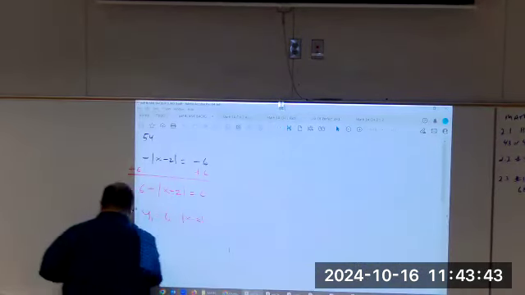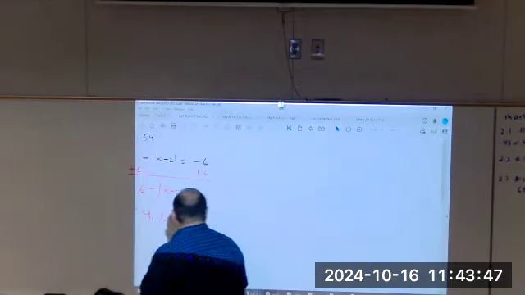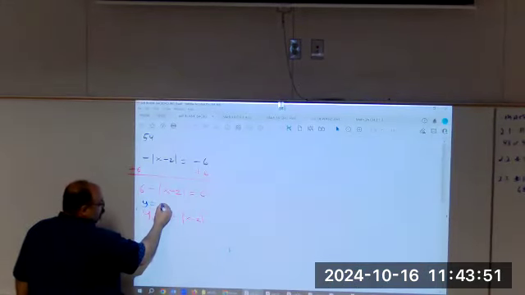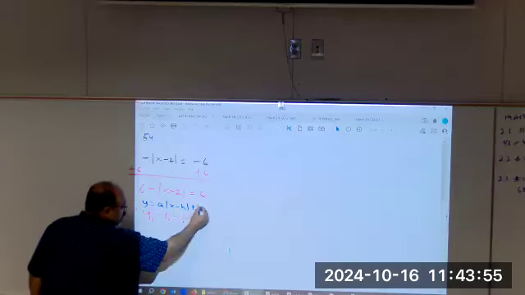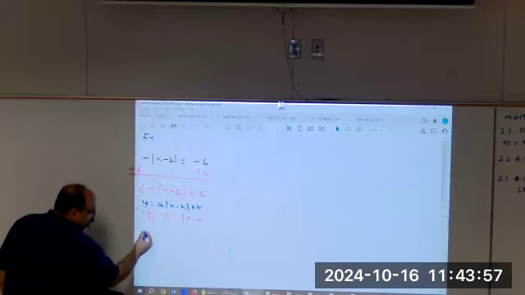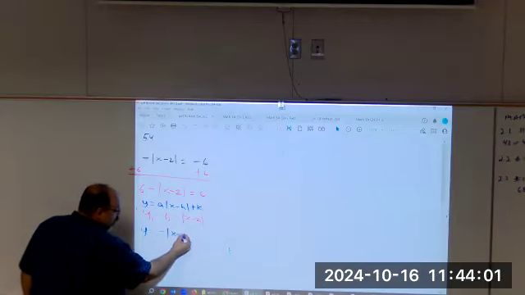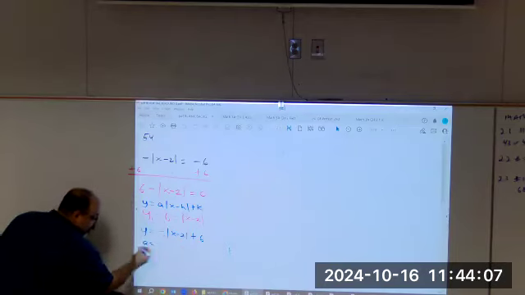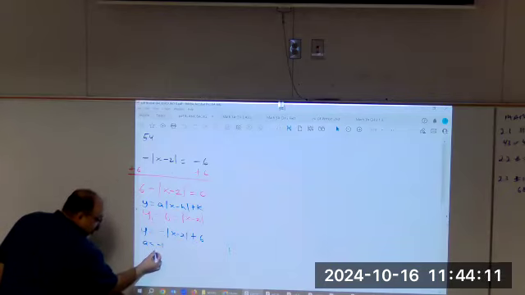And by the way, if this were a chapter 1 question, it would be written y equals a times the absolute value of x minus h, and then plus k. We would rewrite it as y equals negative absolute value of x minus 2, and that's a positive 6, so plus 6. What is the a? Negative 1, so it's going to go down.